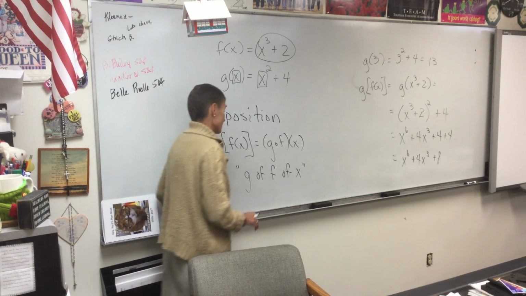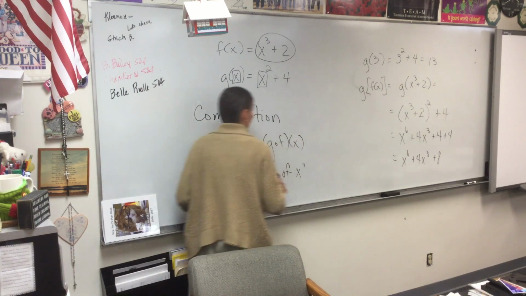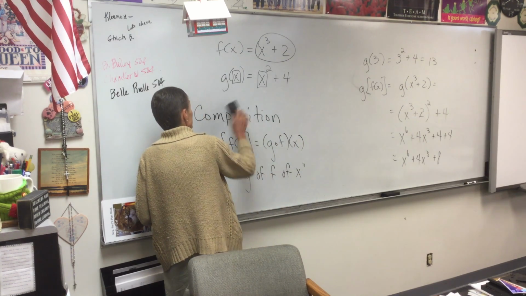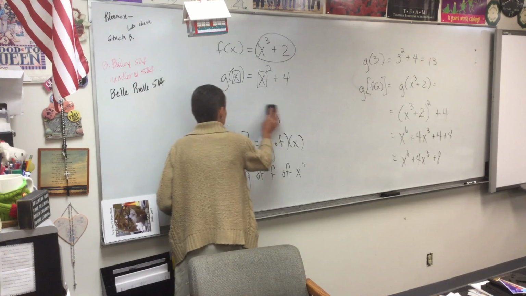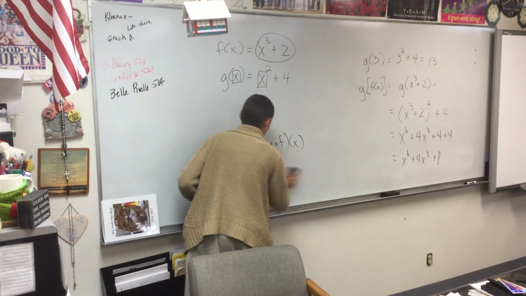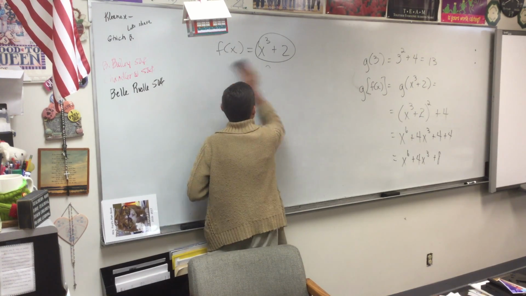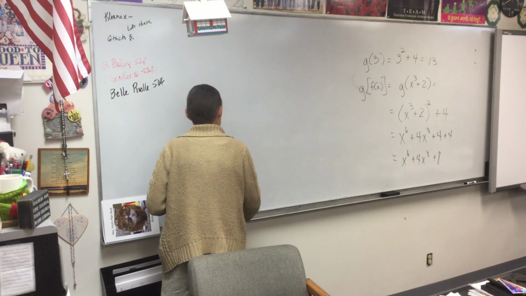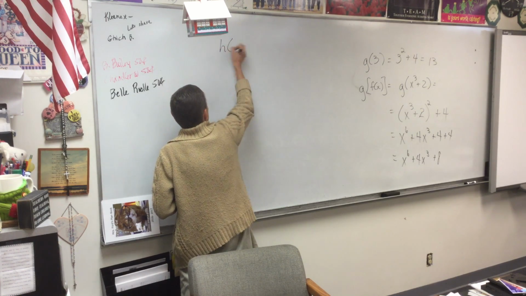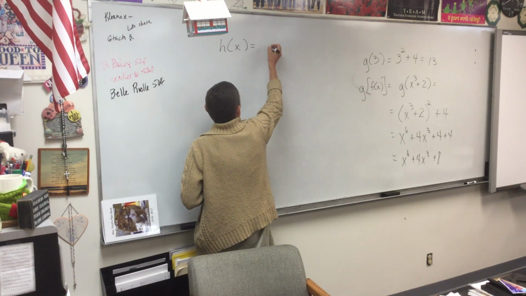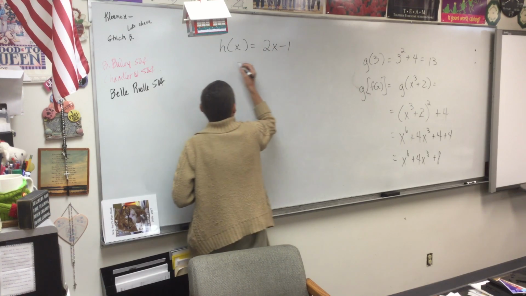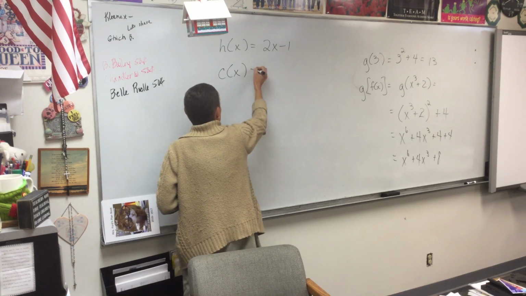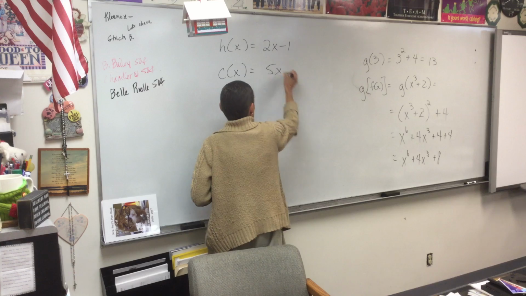Now you guys picked some tough functions, so if you don't mind, I'm going to change our functions here so I can do a couple more examples without them being quite so complicated. So let's look at a couple easier functions. Let's say h of x is 2x minus 1 and c of x is 5x.